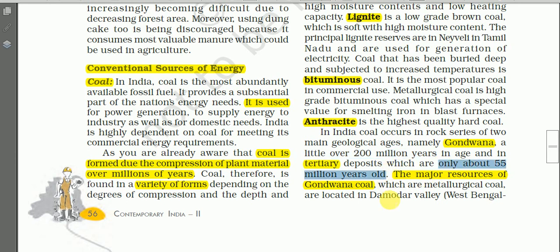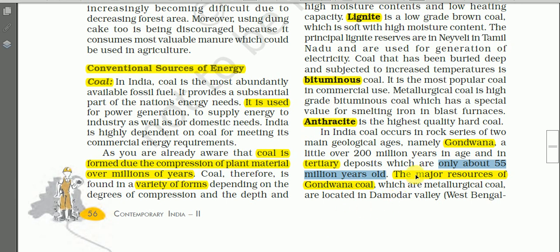So these are the two types of coal based on geologic age: Gondwana coal and Tertiary coal. And since Gondwana coal is older, it is better than the Tertiary deposits.